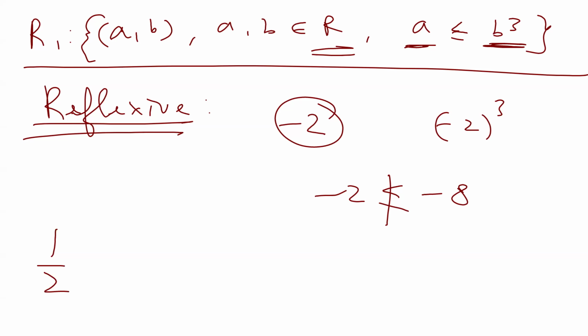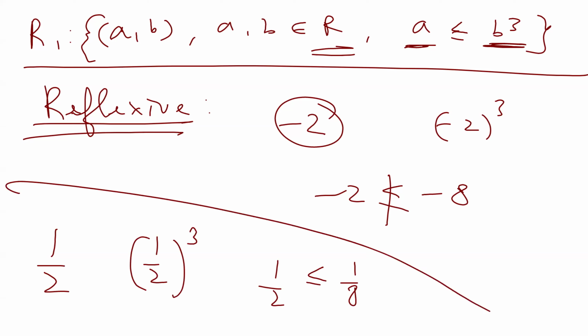Let's take fractional values: 1 upon 2 and 1 upon 2 the whole cube. Remember these examples. So 1 upon 2 and 1 upon 8. 1 upon 2 is 0.5, and 1 upon 8 is much less than 0.5, so it is not greater than 0.5. Here also it fails. So it is failing for some negative values and fractional values. So it's not reflexive. It should be true for every real value.